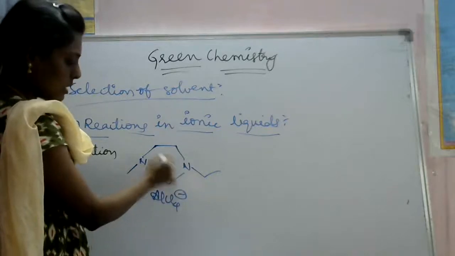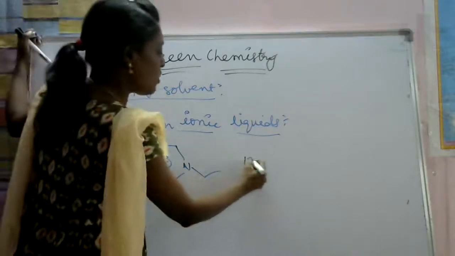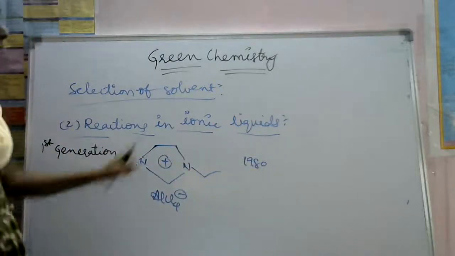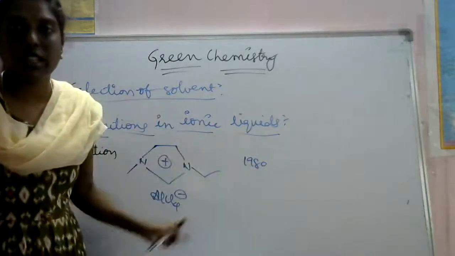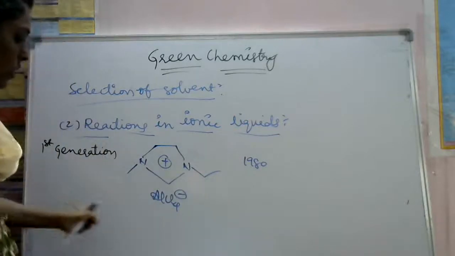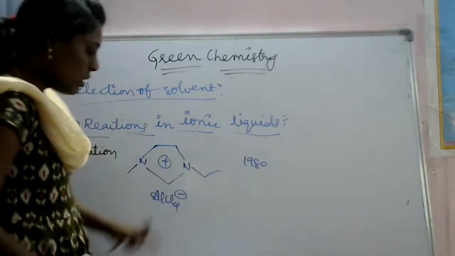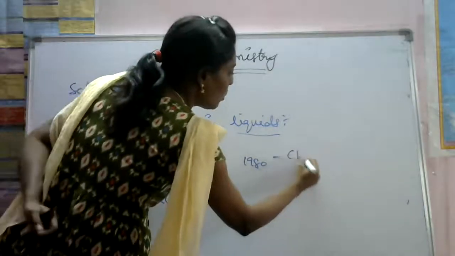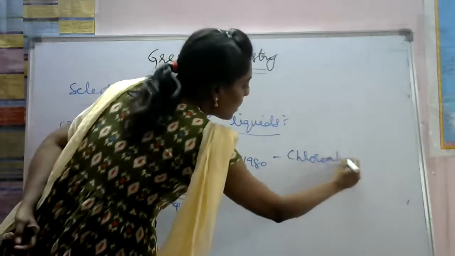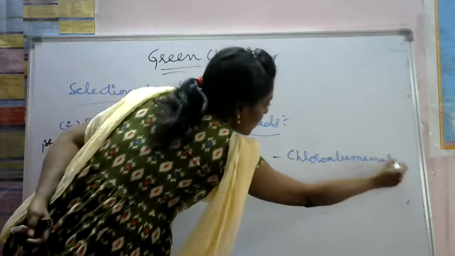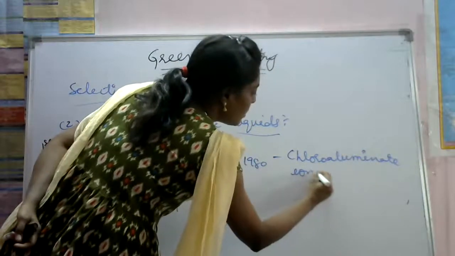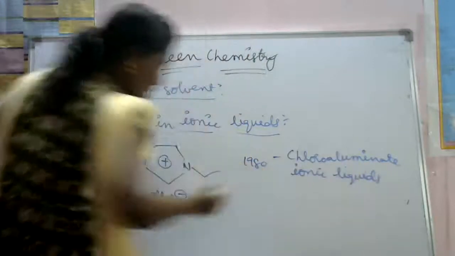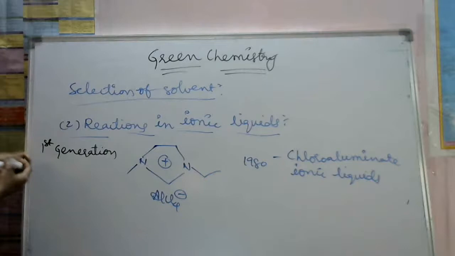Here it has a plus charge. This was developed in 1980 and is called the first generation ionic liquid. It is called chloroaluminate ionic liquid.